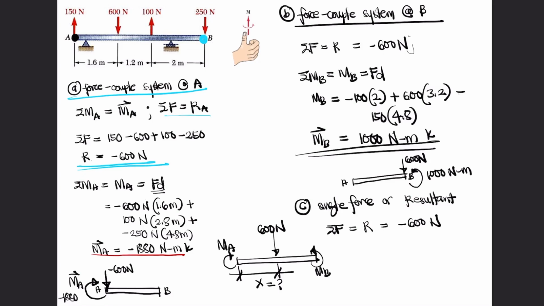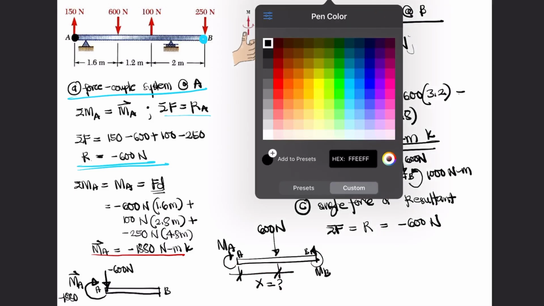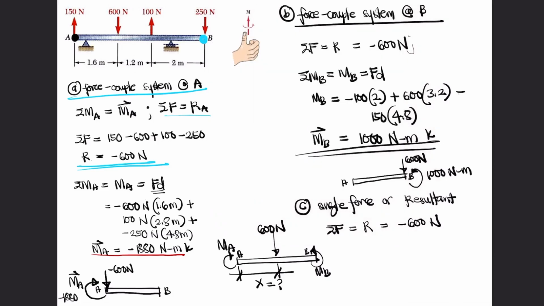Para masolve natin si X, pwede tayo mag-moment at A or moment at B. Point A, point B. Depende sa inyo kung ahaon ninyo kuha ng moment. You can try. Solve ninyo moment at B. Akong isolve moment at A.